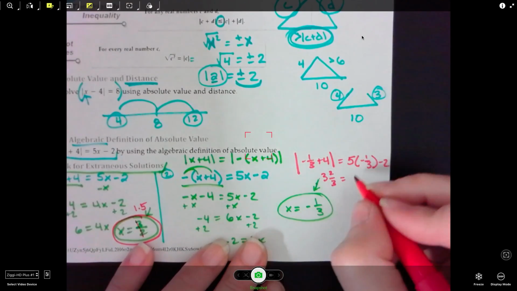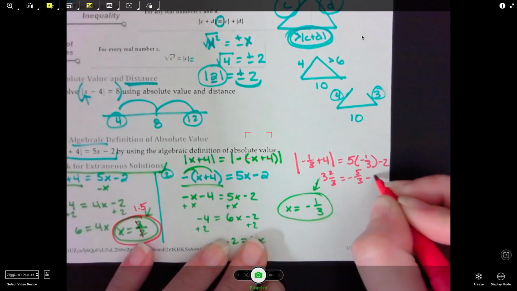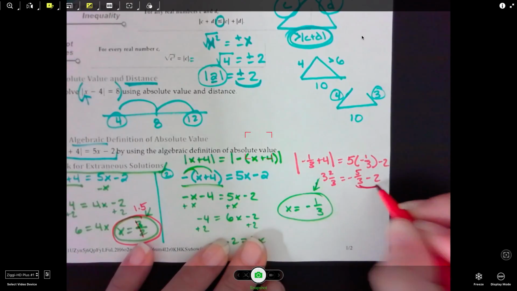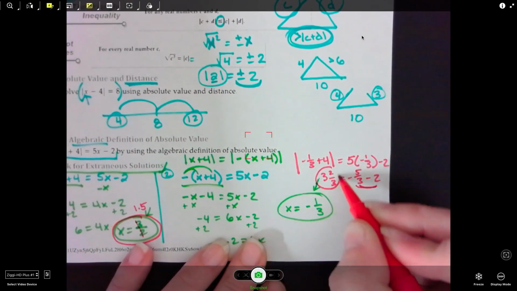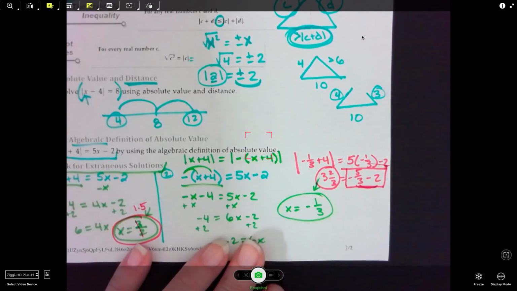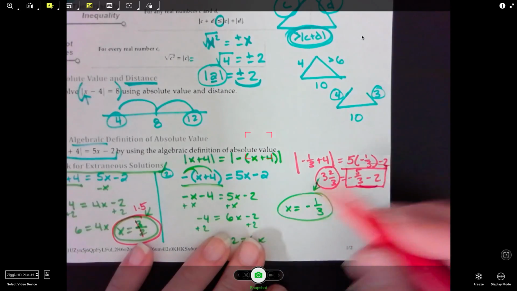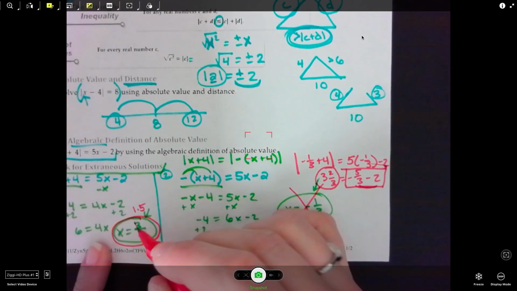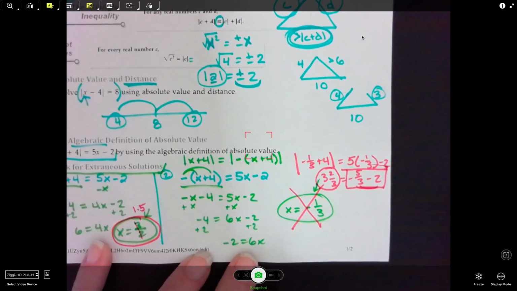But over here, I've got negative 5/3 minus 2, okay? You can already see that this positive number is never going to be equal to what I get when I put those two together, because that will be a negative number. So negative 1/3 is an extraneous solution, meaning it's not going to work, and the only answer I have is 3/2 or 1.5.